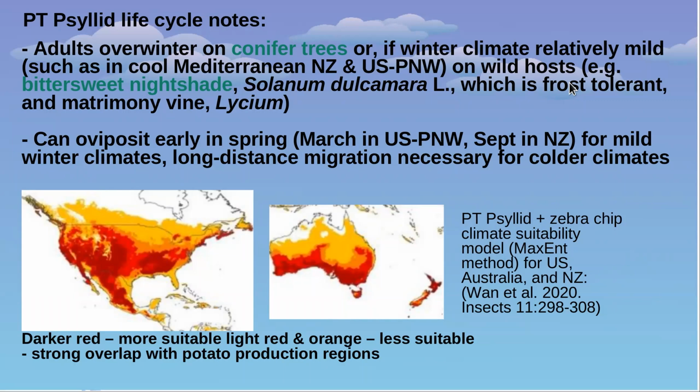And so I think you have the equivalent hosts in New Zealand, and I think you have the same things going on, but you can bring that up during the questions, I guess. But essentially it can oviposit early in the spring. March here in the Northwest, and that would probably mean September or early October in New Zealand.